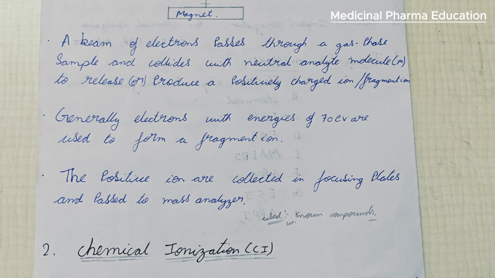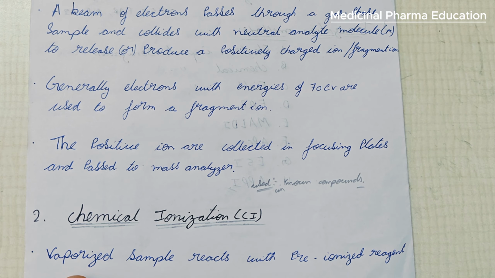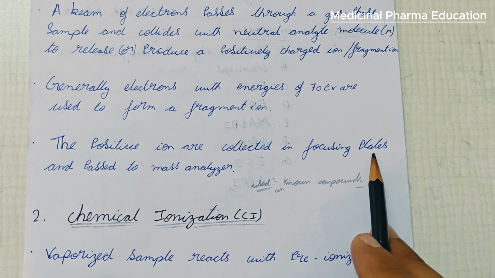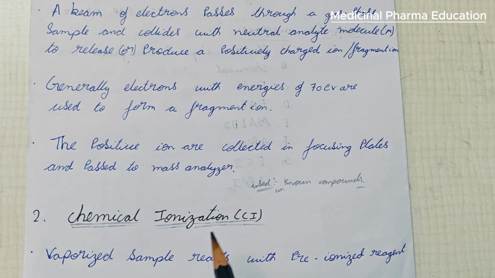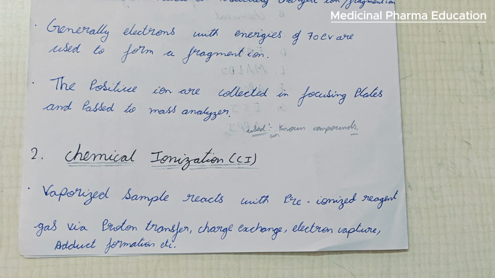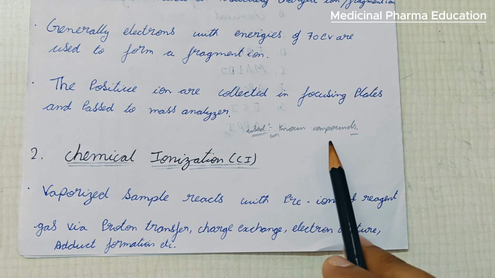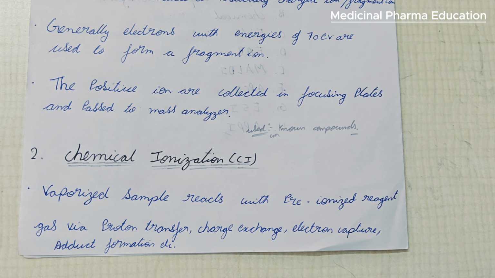We need only one electron to emerge, so we use only 70. Positive ions are collected in focusing plates and passed to the mass analyzer. This is the basic principle of electron impact ionization, and it is only used for known compounds. If we know the compound and have to find the mass number, then we use this method.